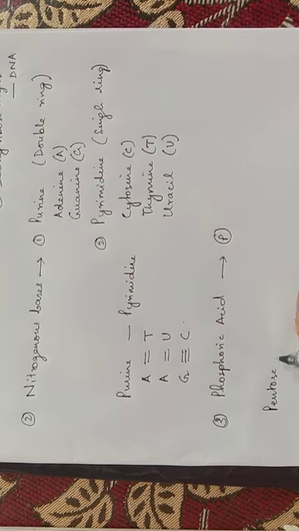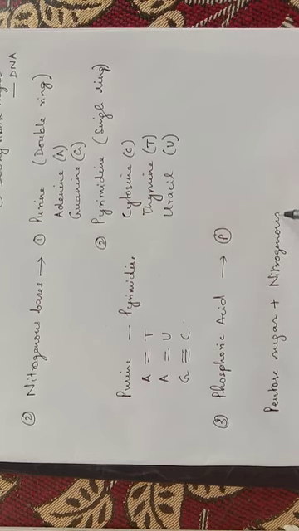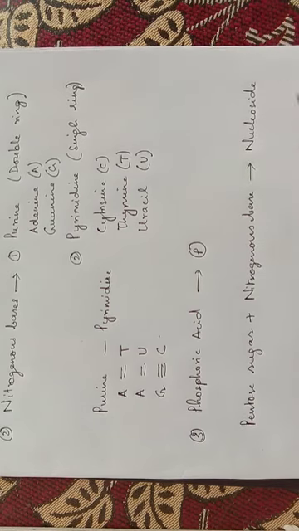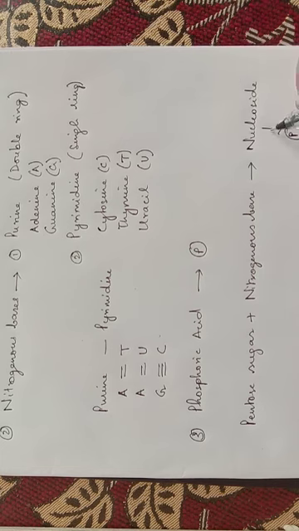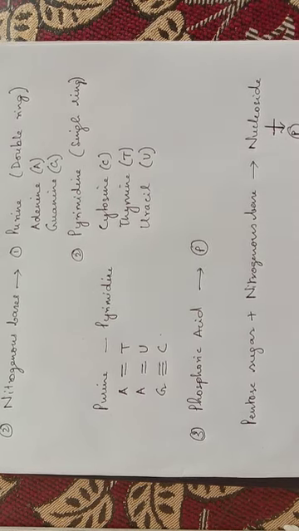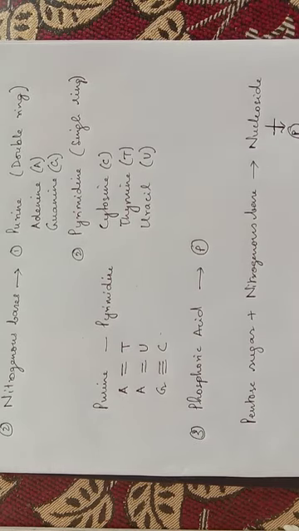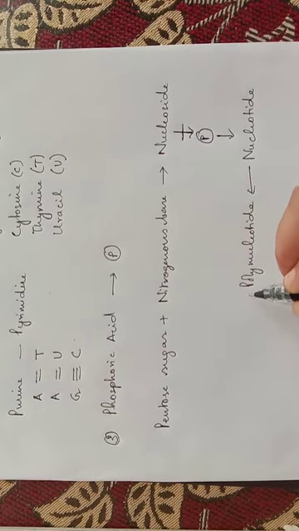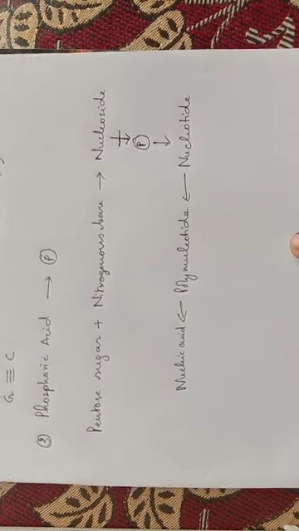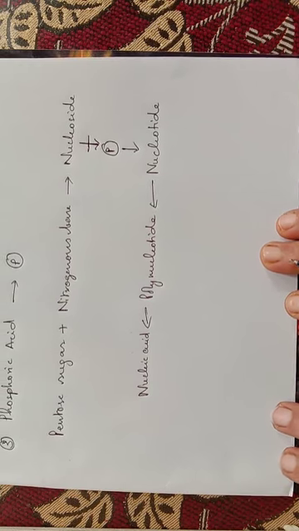The pentose sugar joins with a nitrogenous base to form a nucleoside, and when this nucleoside gets added with the phosphate group, it forms a nucleotide, and in this way the polynucleotide chain will be formed, forming nucleic acid. Once, I will show how the polynucleotide chain is formed.